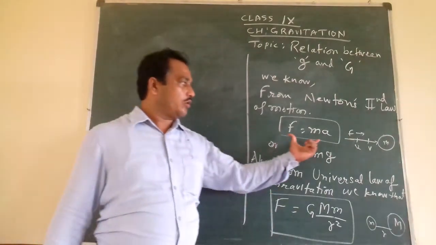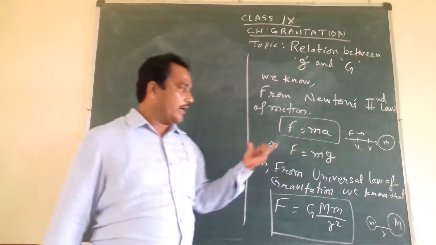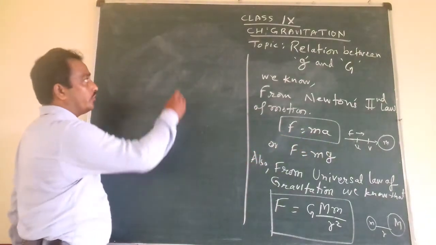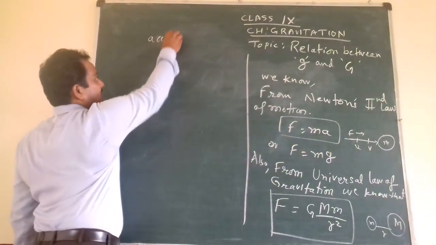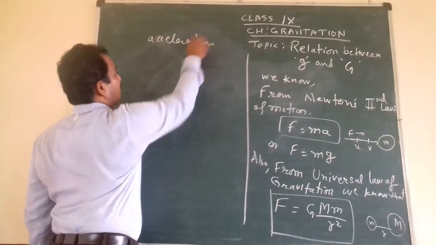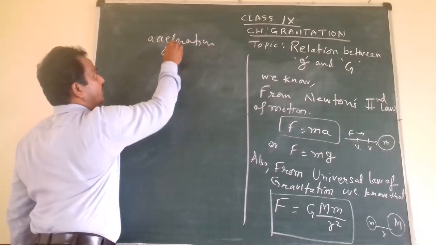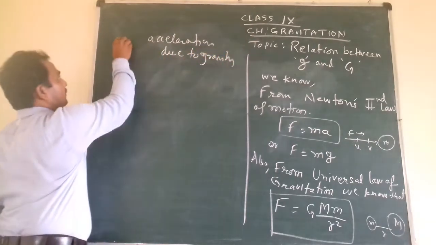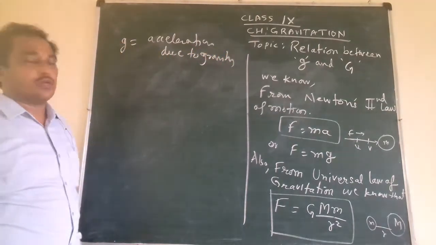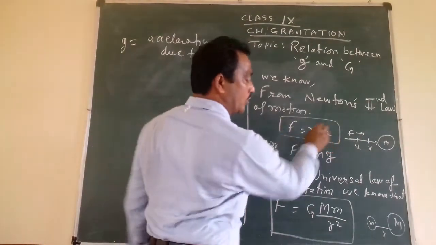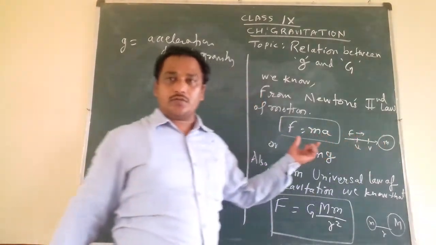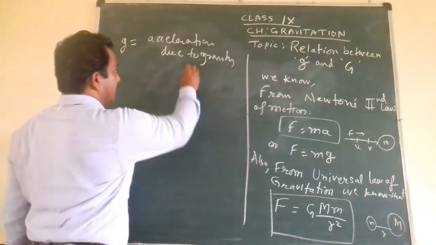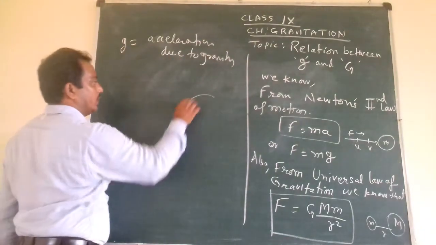So from that we got the formula F is equal to ma, and in this chapter of gravitation we will use the acceleration due to gravity, and for that we will use the symbol small g. So the acceleration which was used as small a in the equations of motion, now in this chapter we will replace by small g.